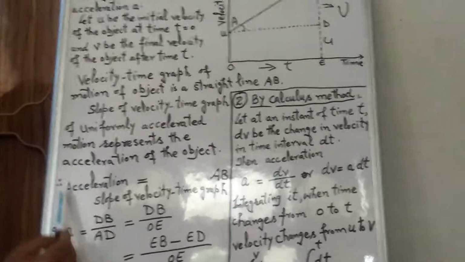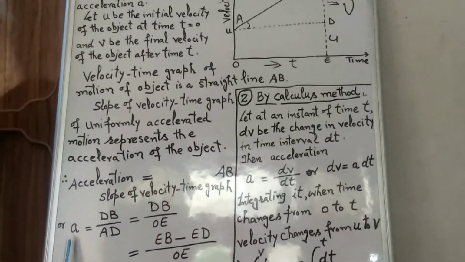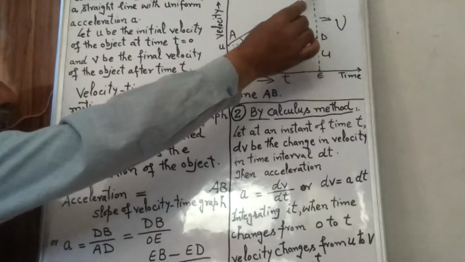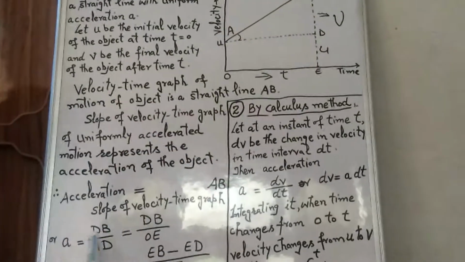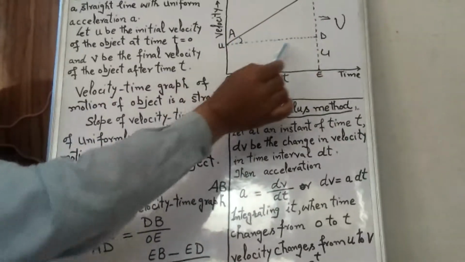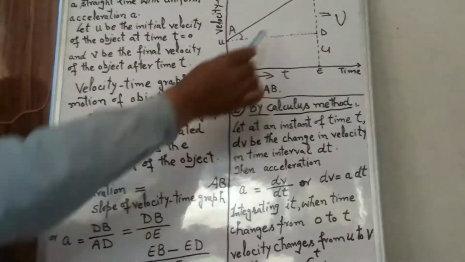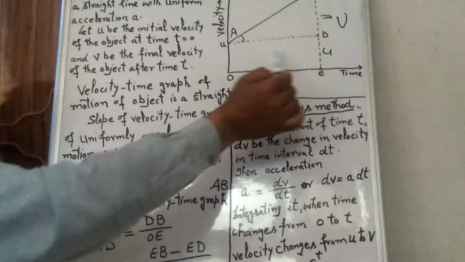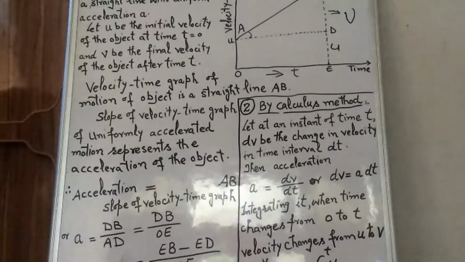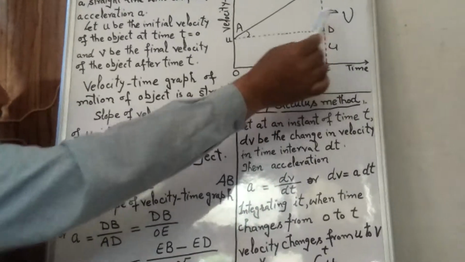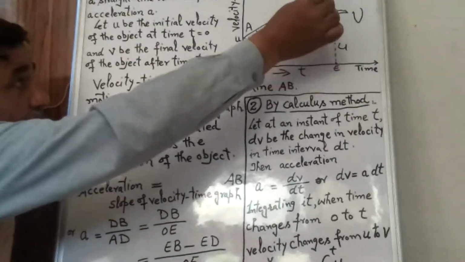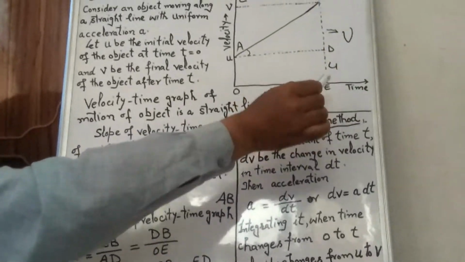Now, acceleration is represented as small a. a is equal to the slope, BD divided by AD. That is BD divided by DA, and BD is EB minus ED.